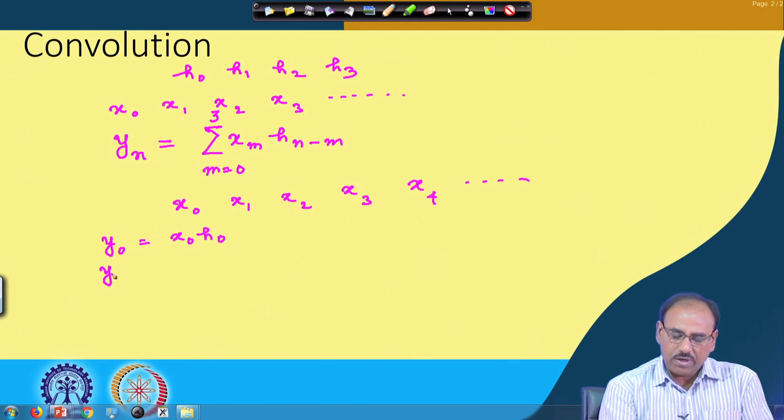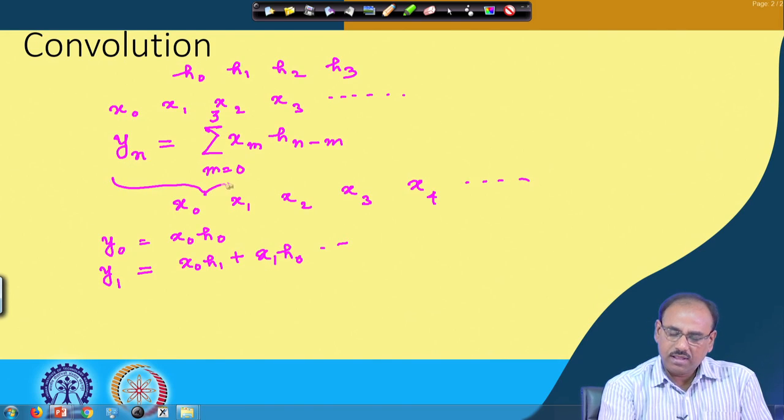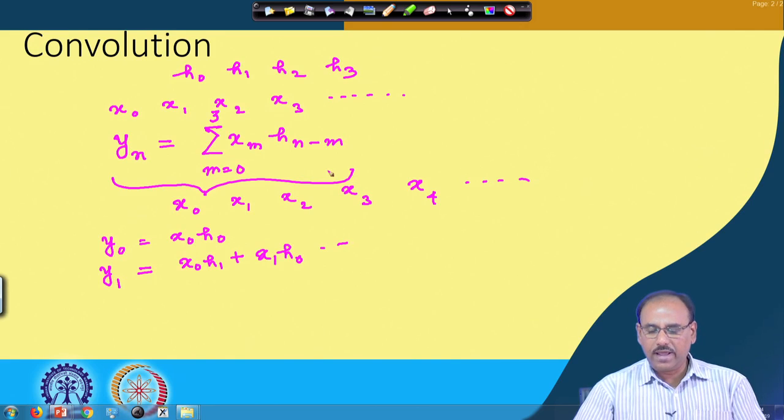At time instant t1, the output y1 is given by x0 h1 plus x1 h0 and so on. That is where we get this equation y[n] equal to x[m] h[n minus m], where m varies from 0 to infinity, or in this case from 0 to 3.